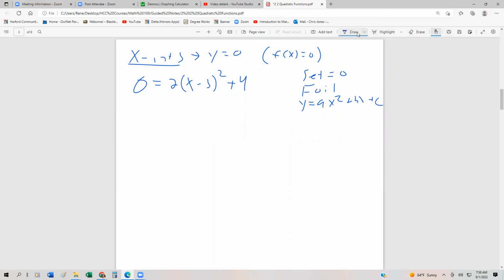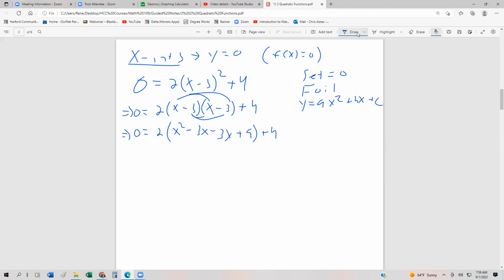So if I FOIL this out, we get 0 equals 2 times (x minus 3) squared plus 4. And 0 is going to be 2 times the quantity, I'm going to FOIL this out: x squared minus 3x, and then minus another 3x, and then plus 9, plus 4.